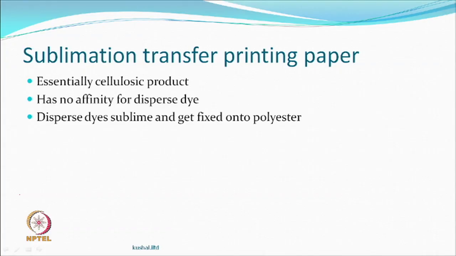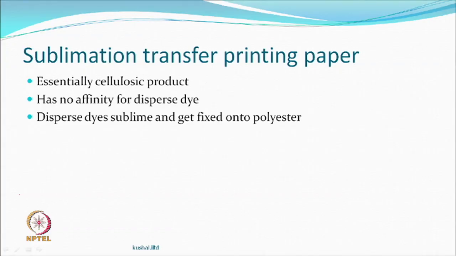Suppose instead we take, let us say, a polyester film or make a paper of polyester, and then print that and try to work it out, you will find most of the dye will also go to the polyester part or any other material that you can think of. And so, this is an interesting advantage.